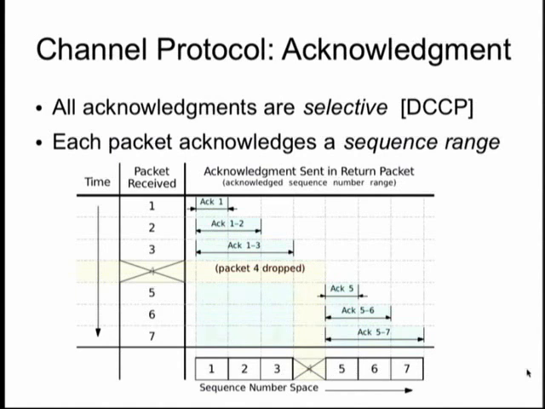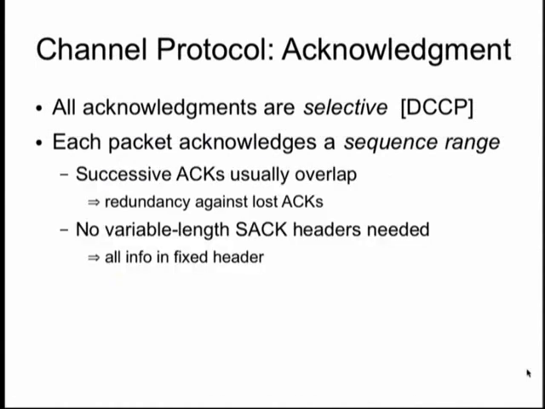And typically, as the receiver accumulates packets in sequence, it builds the range and sends overlapping acknowledgements, which provides redundancy against lost acks and stuff like that, without incurring the complexity and protocol header overhead of dealing with variable length SACK headers. So I'm just trying to provide the benefits of SACK without all the complexity.